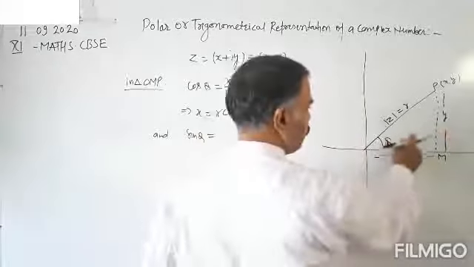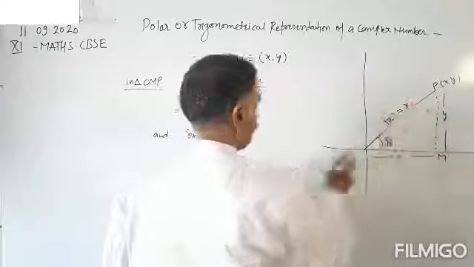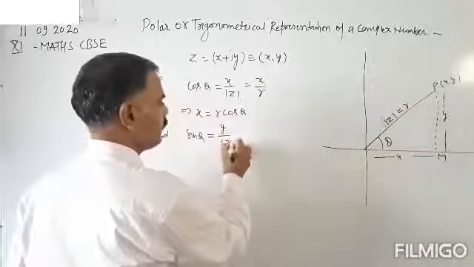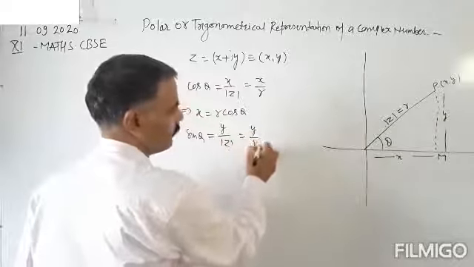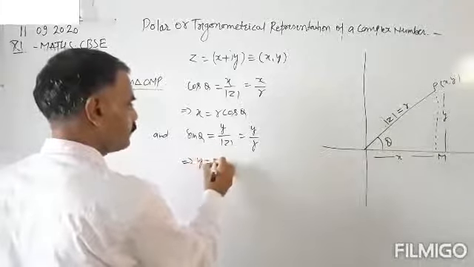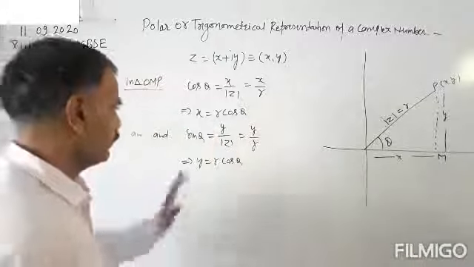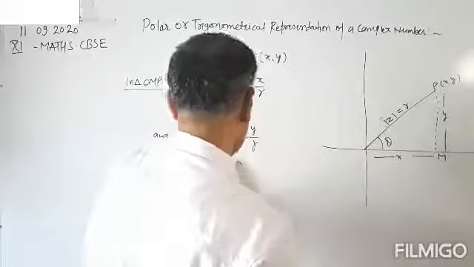The perpendicular for this angle theta is y, so y upon hypotenuse r, that is y upon modulus z or y upon r. From here we can find y is equal to r sin theta.